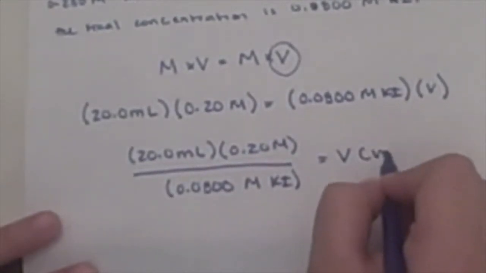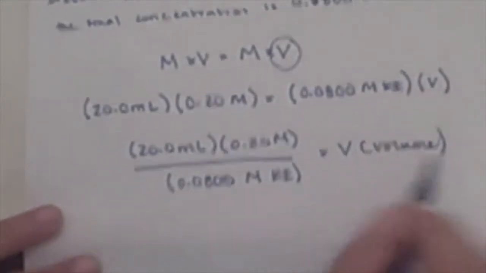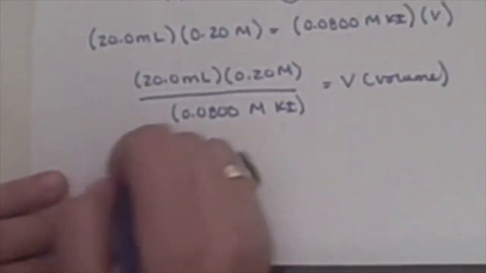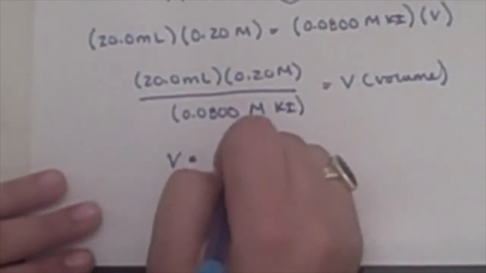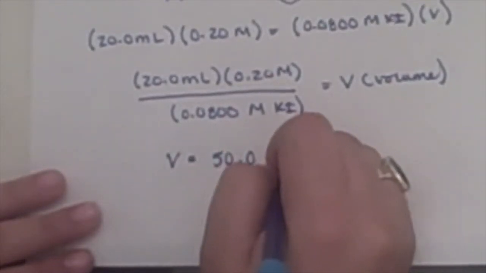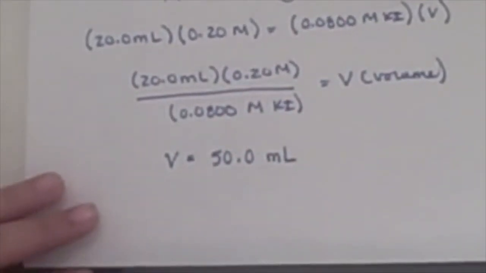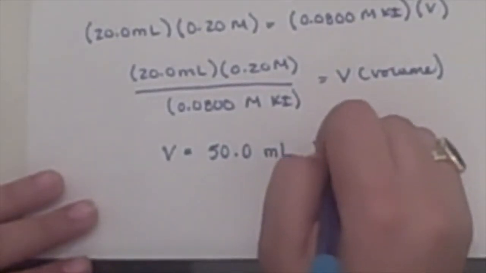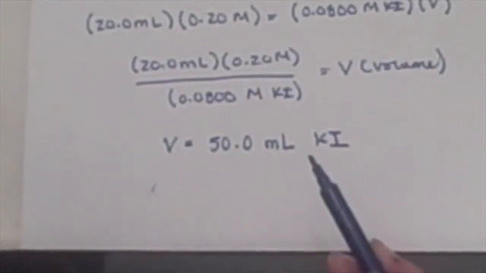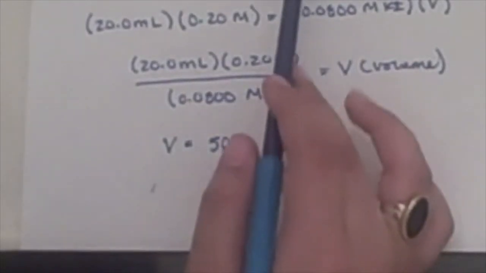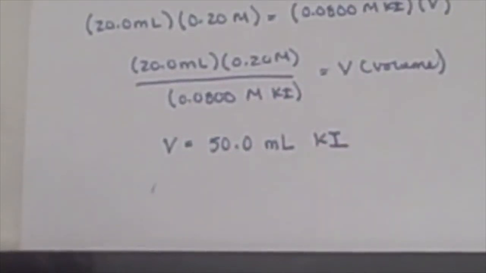And we'll get our volume. Once we calculate this out, our final answer should be 50.0 milliliters of potassium iodide. That's how much volume we'll need in order to produce a 0.08 concentration of potassium iodide.